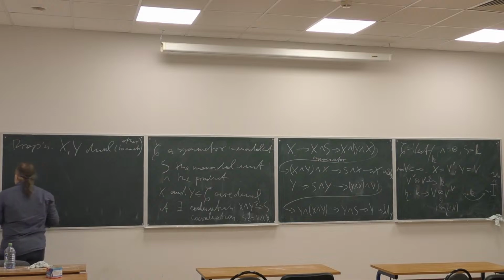Suppose we have a symmetric monoidal category as before, and suppose we have x and y which are dual, and Z and W which are arbitrary.